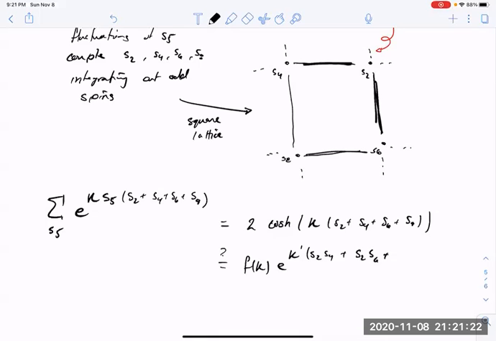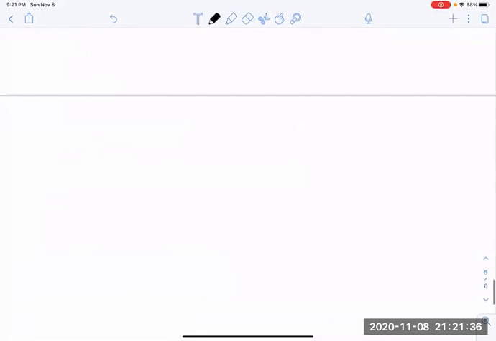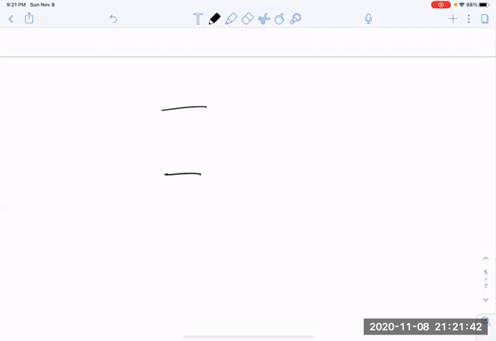We have a 6 and an 8, and an 8 and a 4. Is that possible? All right, well, if we think about that, this is our new lattice.